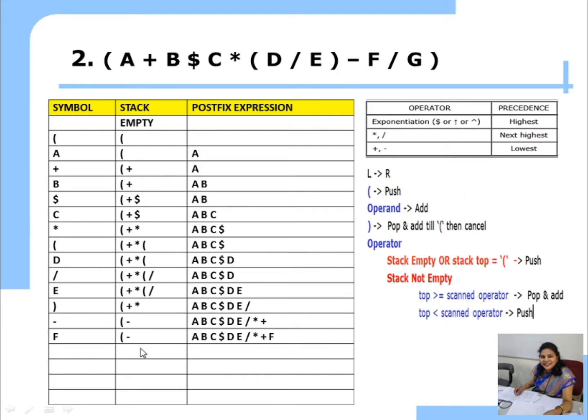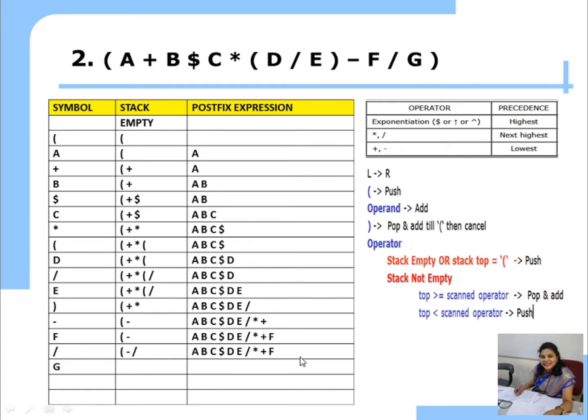The stack will remain unchanged. After F there is a slash. Again this is an operator. Again check whether your stack top is greater, equal or lesser. It is lesser. See, top is minus and your scanned operator is division. So your top is lesser, then perform the push operation. Then your stack will become left parenthesis, minus and division, and the postfix will remain unchanged.